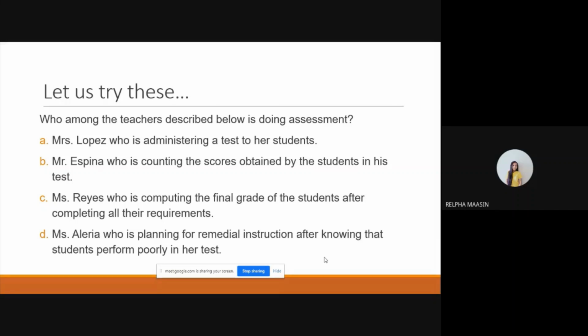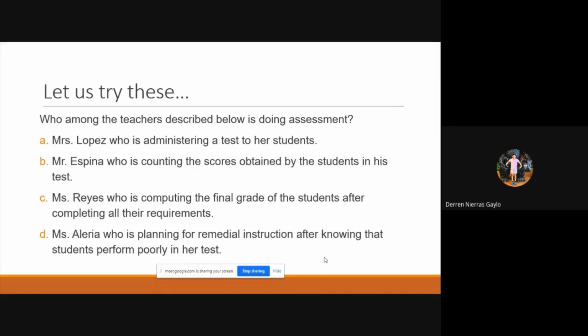When we say assessment, it's more on grading. So who among them is giving a grade? It's letter C, Miss Reyes, who is computing the final grade of the students after completing all the requirements.